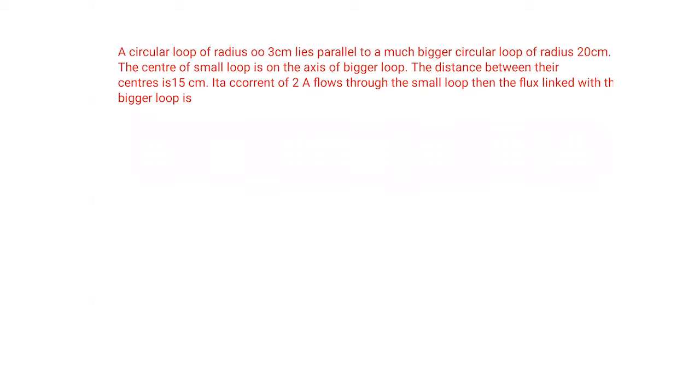A current of 2 ampere flows through the small loop. Then the flux linked with the bigger loop is.